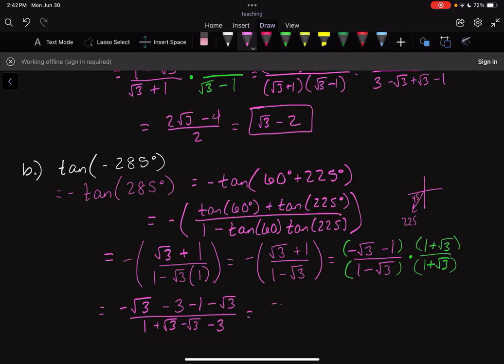So this becomes negative 2 root 3 minus 4 divided by negative 2, which becomes root 3 plus 2.